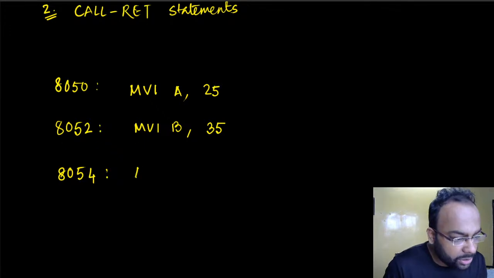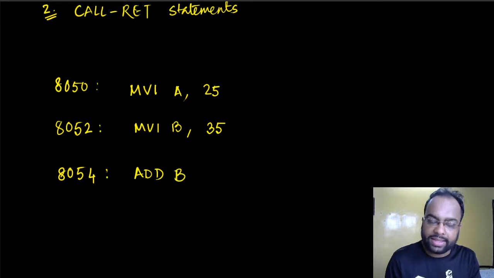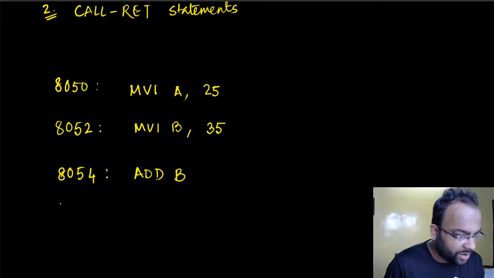Here, let's do ADD B. What am I doing? I'm adding the content of register B with that of register A and storing the result in register A. It's a single-byte instruction, so we can do that very easily.